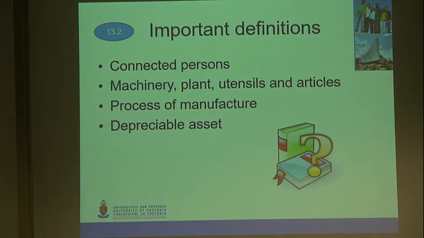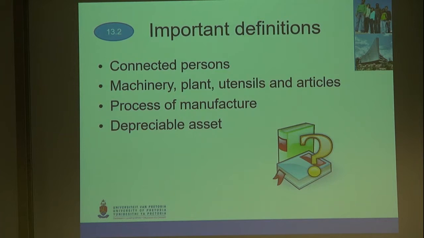Okay, so we have a couple of definitions that are important to us when it comes to capital allowances, and the first one is connected persons. Now, connected persons is someone that is closely connected to you, and obviously in tax in general, connected persons can create an issue for us.